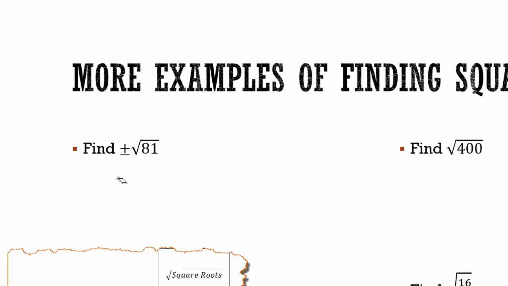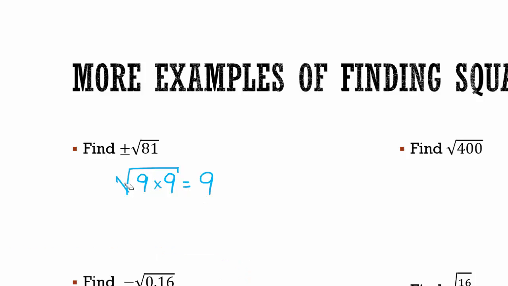Well, the square root of 81 is 9 times 9, which is really just 9, because the square root, we're looking for what times itself. So 9, but because we've got this plus minus sign out here, we have to include the positive and negative roots for the square root of 81.